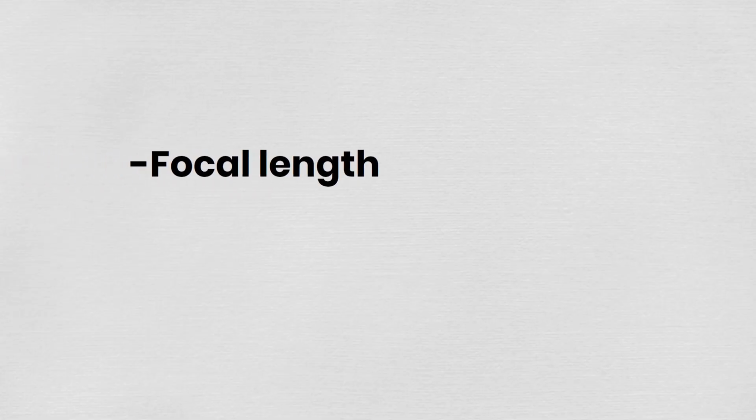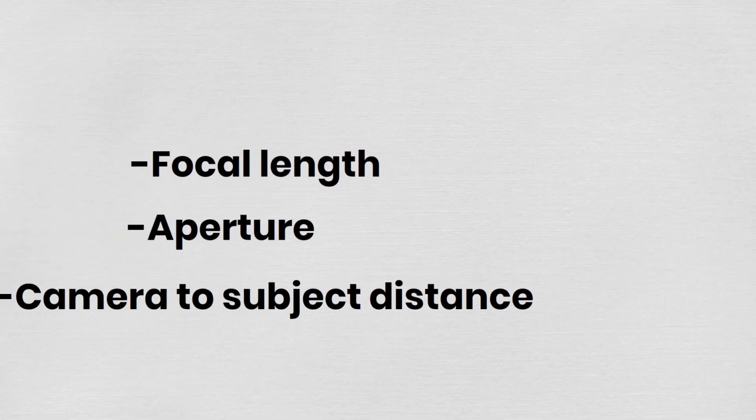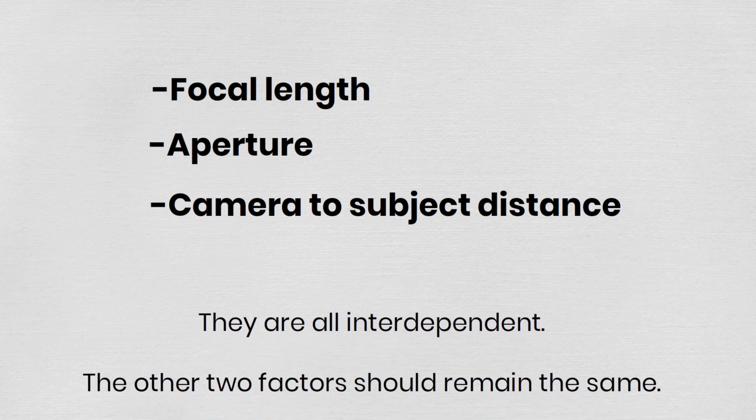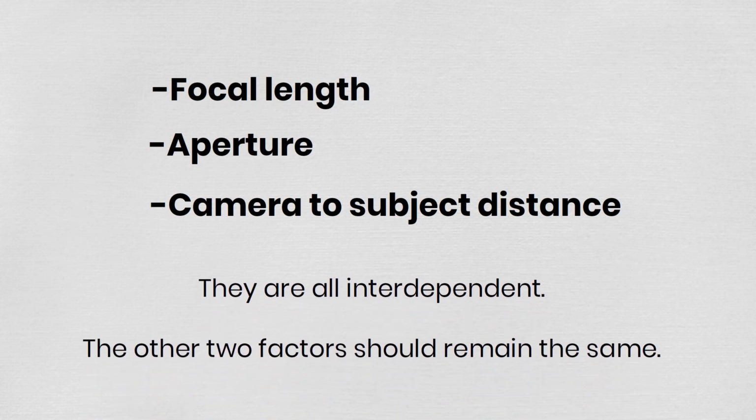Now, remember this point over here. All the three factors, that is the focal length, the aperture and the camera to subject distance, are all interdependent. The other two factors should remain the same. If you change one of them, again the depth of field will change. For example, now let us talk about aperture and focal length.